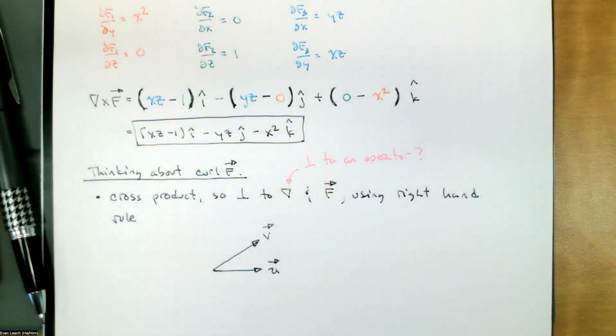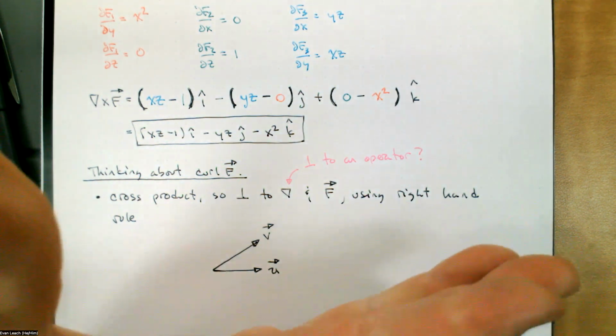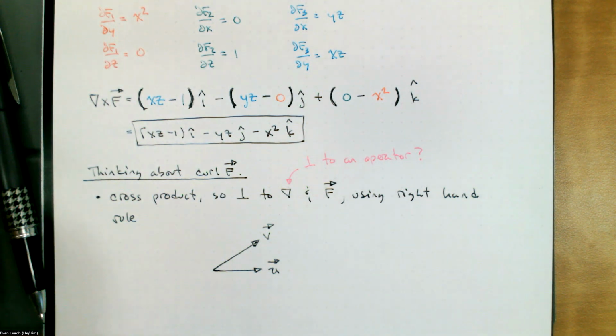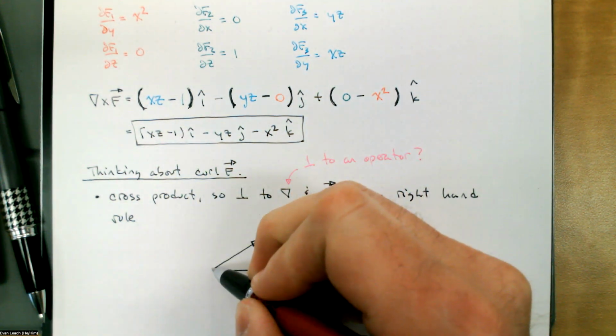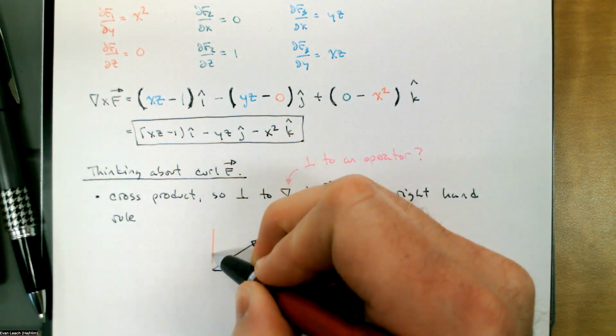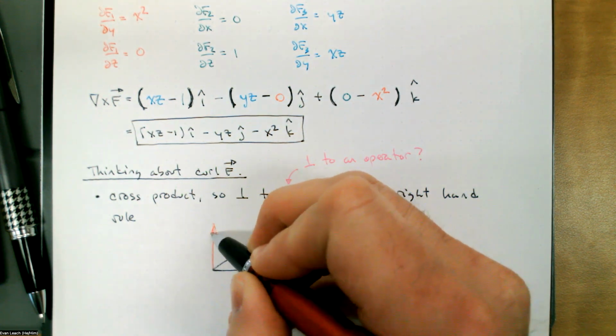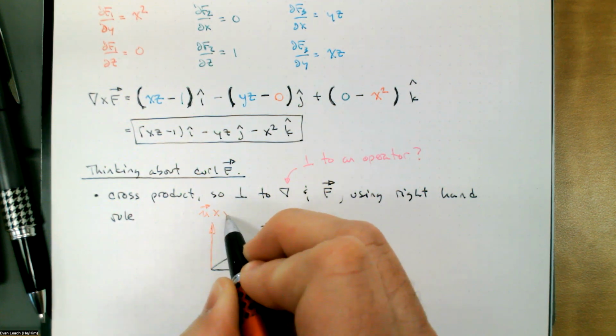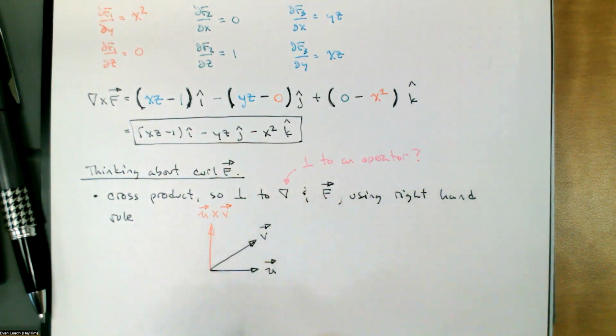so if I write u cross v, I put my fingers on u and curl them towards v. And so the vector will be coming out of the page. There's u cross v. But if I do v cross u, it'll be pointed the opposite direction.